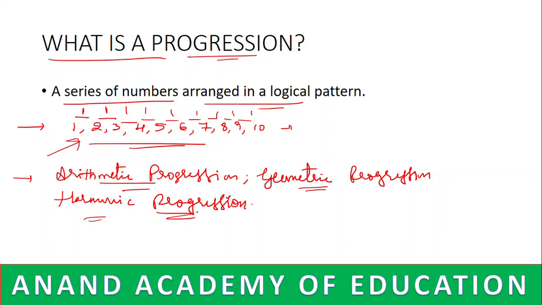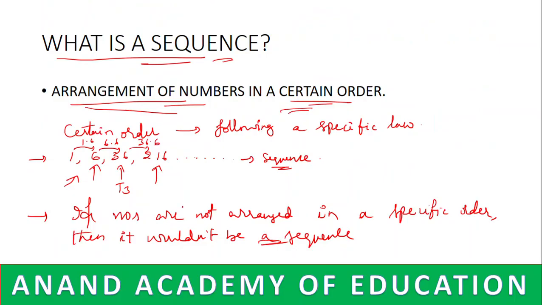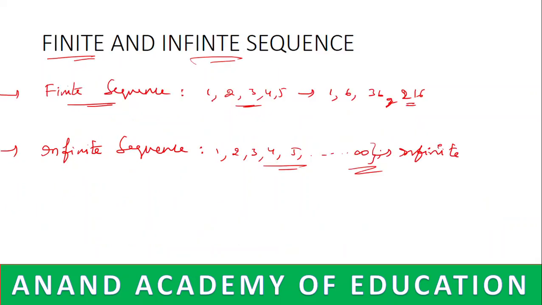For now, this is it for this lecture. So let us have a quick rewind. We started with the definition of sequence. A sequence is nothing but an arrangement of numbers in a certain order. And there are two kinds of sequences: finite and infinite. A finite sequence involves a finite number of terms, and similarly an infinite sequence involves an infinite number of terms.